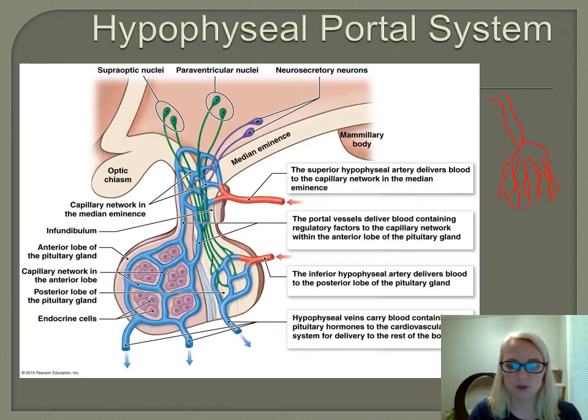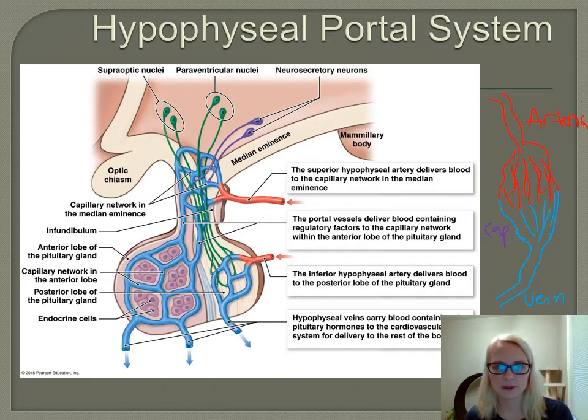I'm not going to be able to draw the tubes very well. And then the capillaries is where you get all of your exchange, and then it drains via a vein, right? So this is the vein. These are the capillaries, and these are the arteries. So this is a typical capillary blood flow. So arteries, capillary bed, veins.